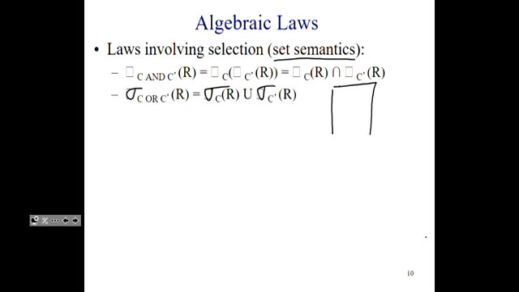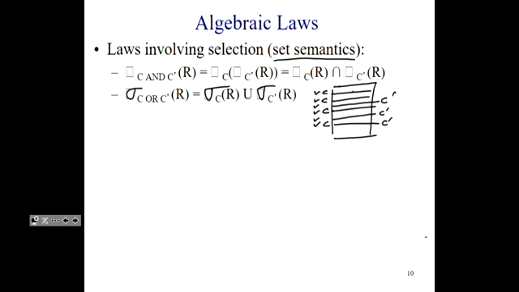The way to think about this is, let's say these are all the tuples that satisfy C, and these are the tuples that satisfy C prime. Maybe this one satisfies C prime as well. If I wanted to do sigma of C or C prime, then essentially all of these tuples would be part of the output.